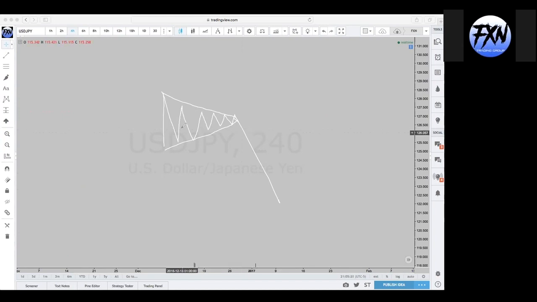So if you can identify these, like when price is over here, and you can draw them out, that way you're already paying attention to it. So you're waiting for that break to happen. And as soon as that break happens, that's when you want to get into the trade. As far as when you get into the trade, let's say on a pennant here, if it breaks up, you're getting in here. Your stop loss is down here.